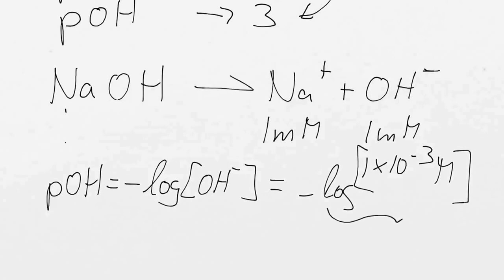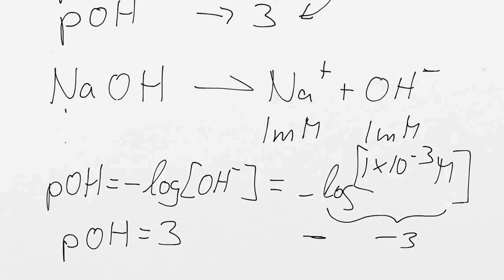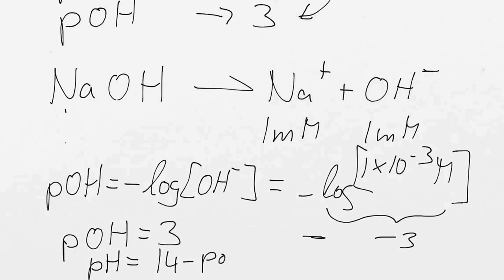This gives me minus 3 times minus, so the pOH equals 3. Goes to you, the point. And what's the pH? pH equals 14 minus the pOH, and therefore it is 11.